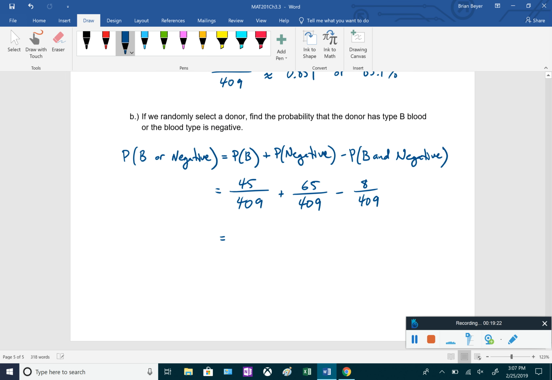So we add those first two and subtract the 8. We're going to get 102 out of 409, which is about 0.249, which is 24.9%. So there is a 24.9% chance that we select a donor and they have either B or negative blood type. Okay, so that's it for 3.3. That is the addition rule.